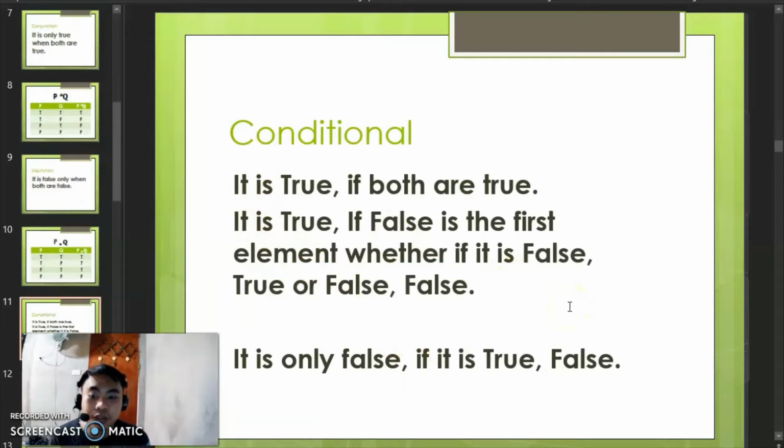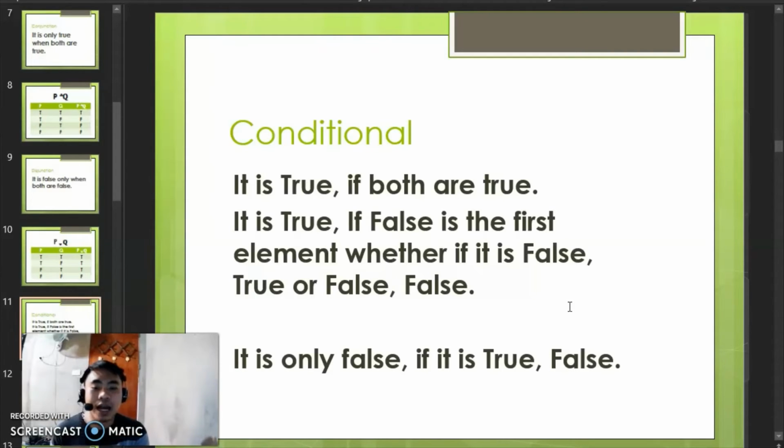Medyo mahaba po ito, pero this one is understandable naman po. So, it is true if both are true. So, pag parehas daw po ang element ay true, ang magiging element nun ay true din. True din po ang magiging sagot kapag nauna po ang false bago ang true, o kaya parehas silang false.